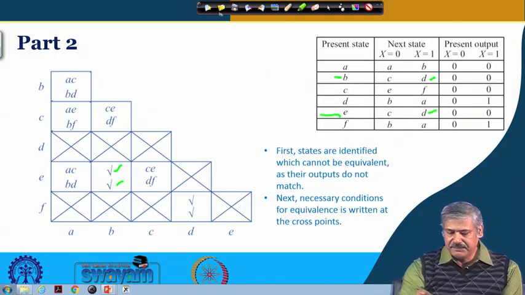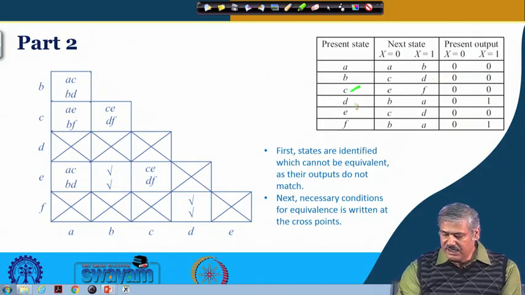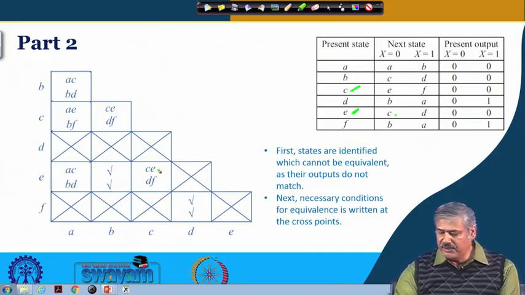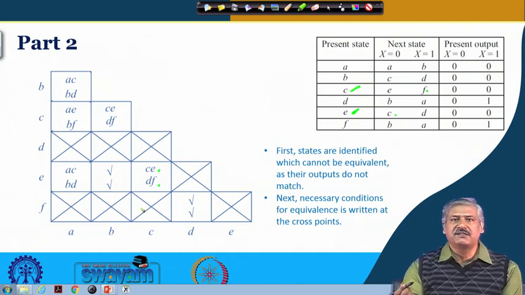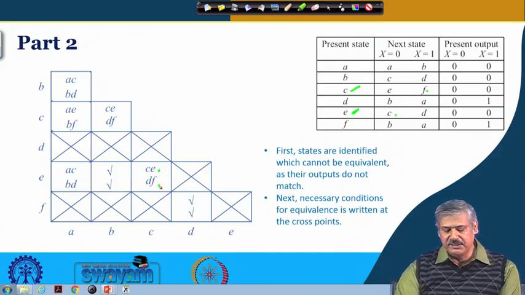Now, for C and E, what we see? C and E will be equivalent, and F and D need to be equivalent. Okay. So, from the last class, the discussion we had, the tautology and all, we see that it is implied, and D and F need to be equivalent.